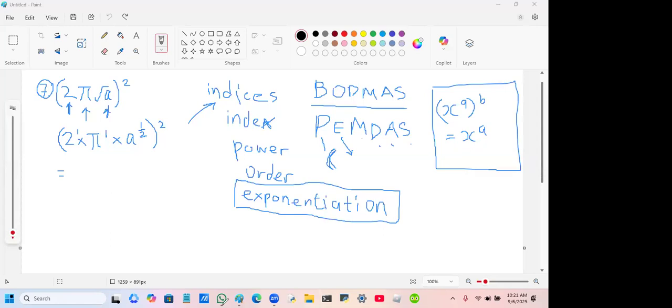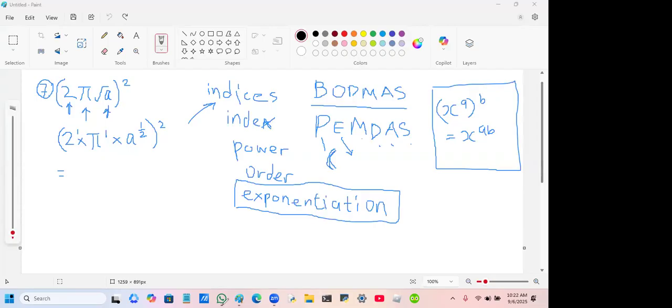In other words, you should just simply multiply the powers. Period. Did you get that law? It's quite simple, isn't it? All right, so let's apply the law.